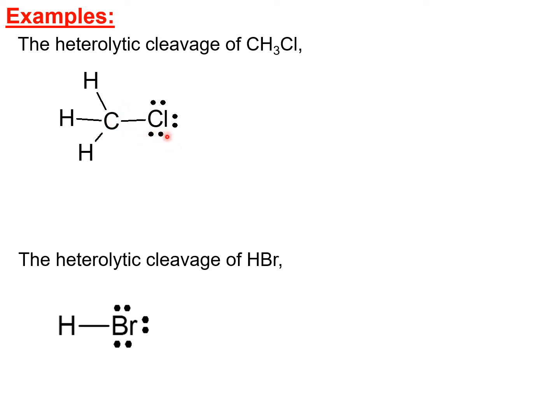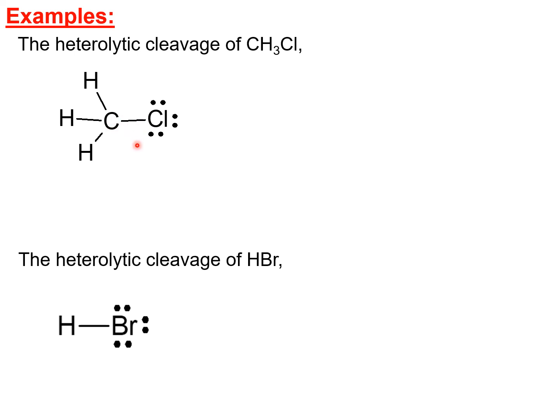Okay, therefore we should expect that Cl atom ni dia akan jadi anion, carbon ni akan jadi cation. So in order for us to fit that, okay, kita kena buat bond breaking unequally, di mana Cl atom ni dia akan dapat 2 electrons daripada single covalent bond ni. Okay, manakala carbon atom ni dia akan lose.